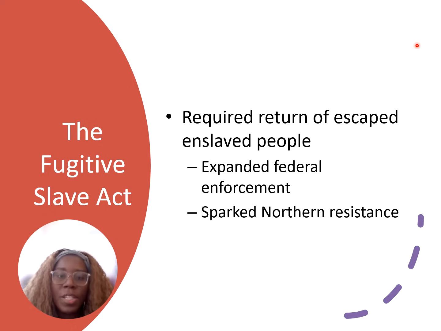So this Fugitive Slave Act dramatically expanded the role of the federal government in protecting slavery. Now the federal government had more control and say over how slavery could be protected. And for many Northerners, this law was a turning point. They saw this as a mark in which the South began to have too much control.